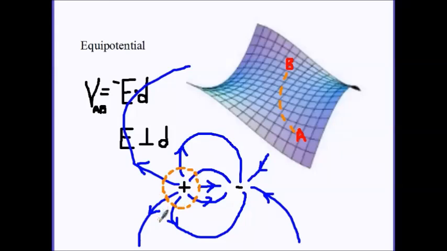And then there would be another one out here. And there would be ones over here. And there would be this whole family of equipotentials going here.